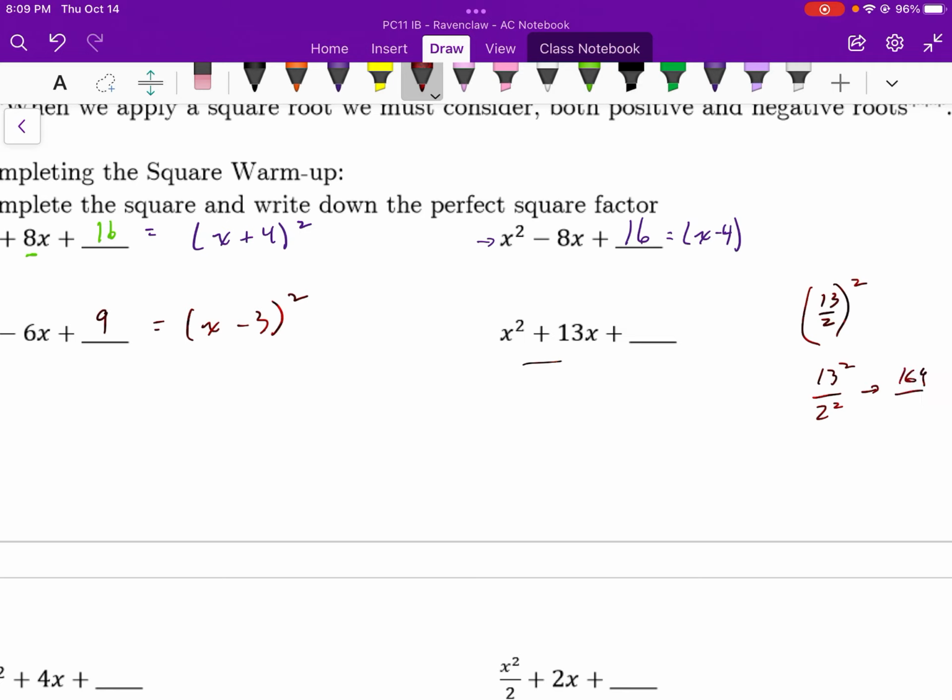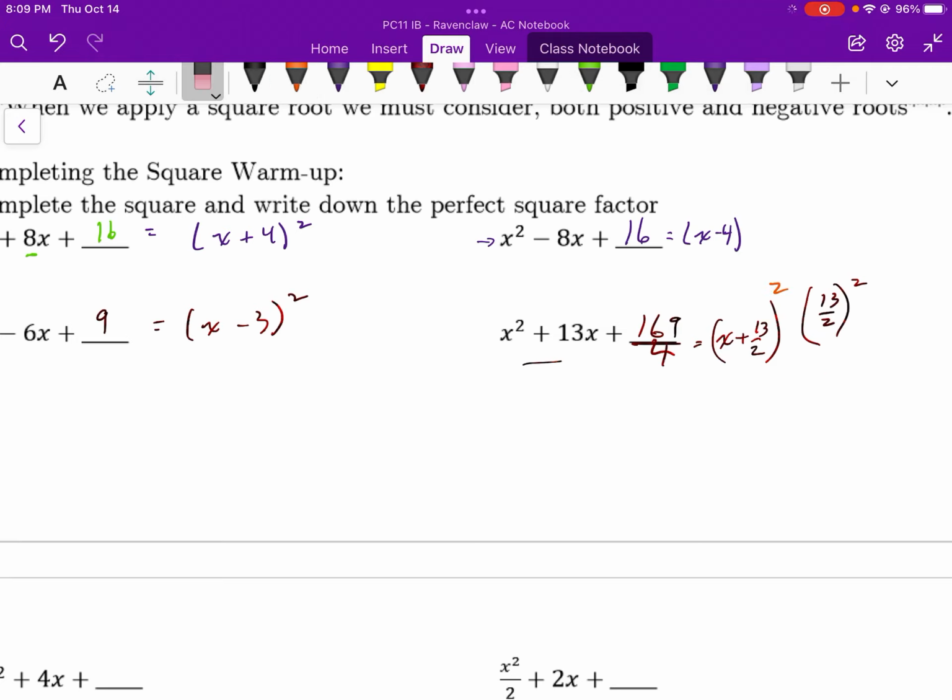And that is 169 over 4. My apologies for that writing. But when factoring out, we can see that this is (x plus 13 over 2) squared.